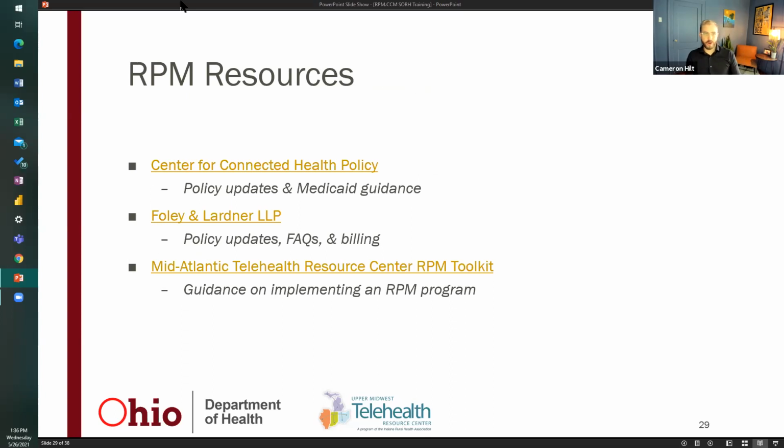If you're looking for RPM resources in general with billing or implementing the program, a few resources that you can refer to are, first, the Center for Connected Health Policy. They have an interactive map, and remote patient monitoring is included on that app. So you can get policy updates, and it will also help give guidance on Medicaid requirements for your state.